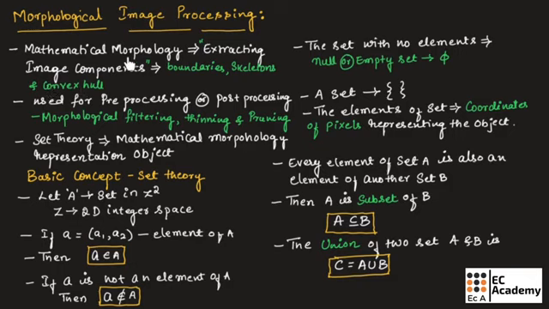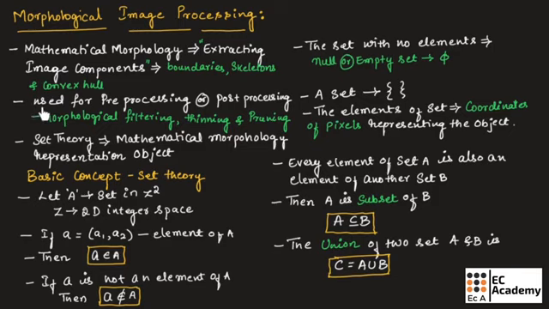So we can say image morphology is used for extracting image components that are useful for representation and descriptions of the regions of an image such as boundaries, skeletons, and convex hull. Here boundaries, skeletons, and convex hulls are the different regions and shapes of the digital image.